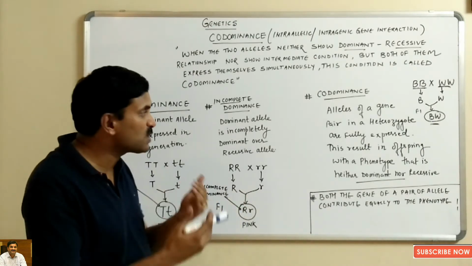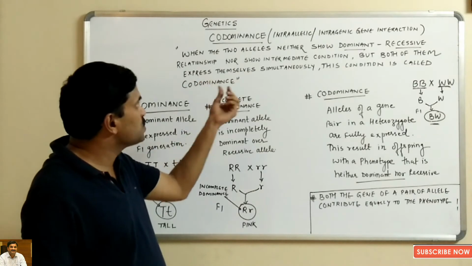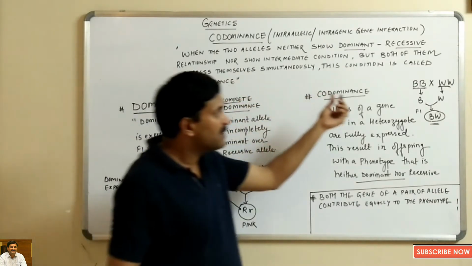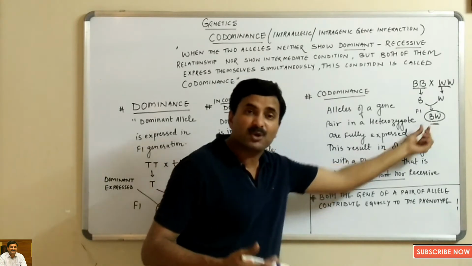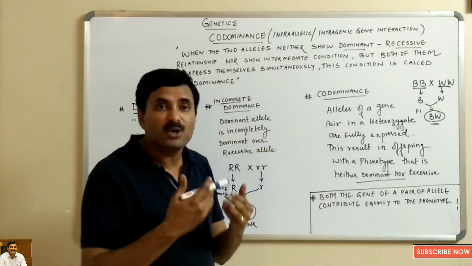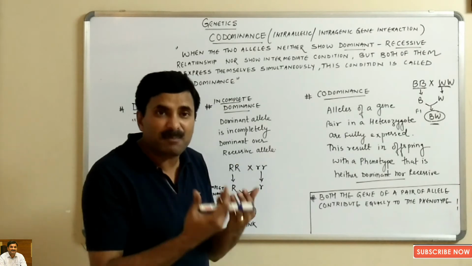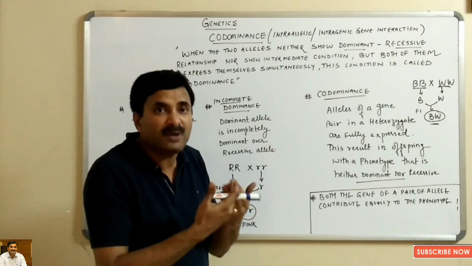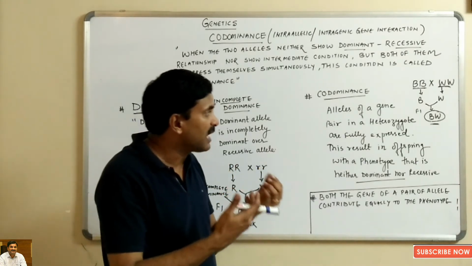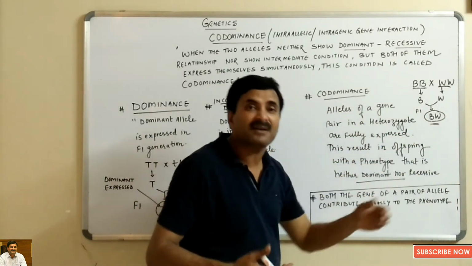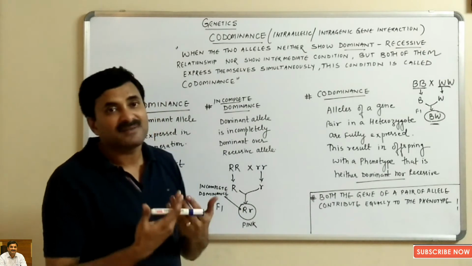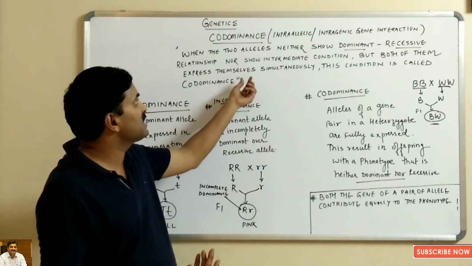Again I am repeating, what is codominance? When two alleles found together neither show a dominant-recessive relationship nor show incomplete dominance, that is, do not show the intermediate condition, rather in the F1 generation both alleles are expressed together simultaneously, then this condition is called what?